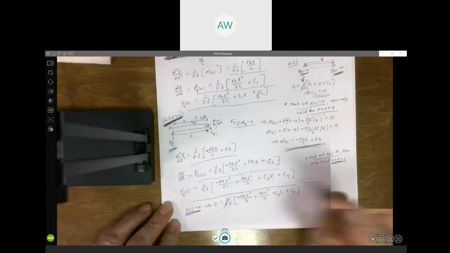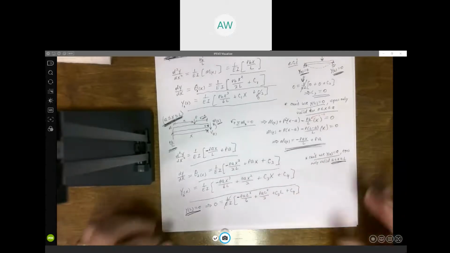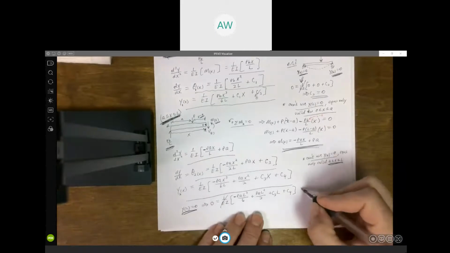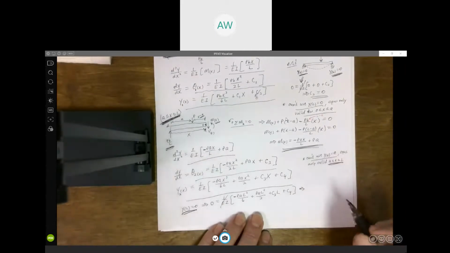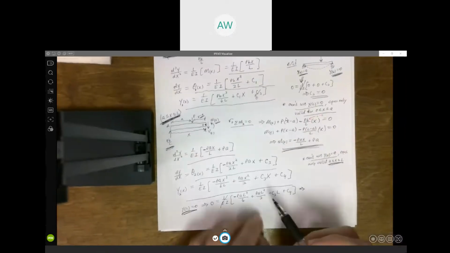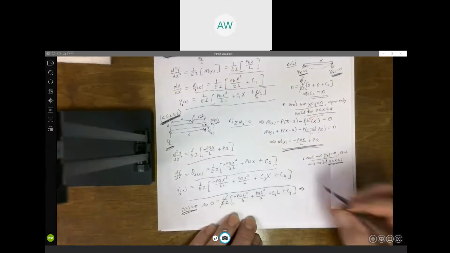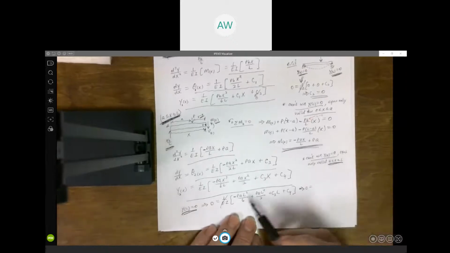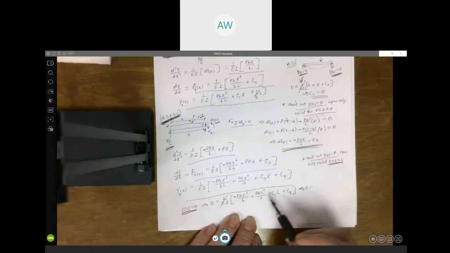Well, the 1 over EI cancels again, and then what we wind up with, again, these two terms are like terms. I could actually combine those. All right, I got a minus PAL squared over 6 and a PAL squared over 2.